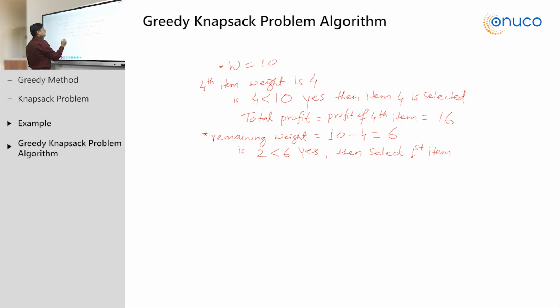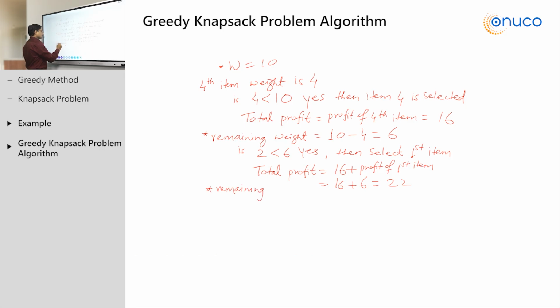If you are selecting the first item, then what will be the total profit? Total profit as of now is 16 plus the profit of the first item, so 16 plus 6 is 22. Now the remaining weight you are going to calculate again.